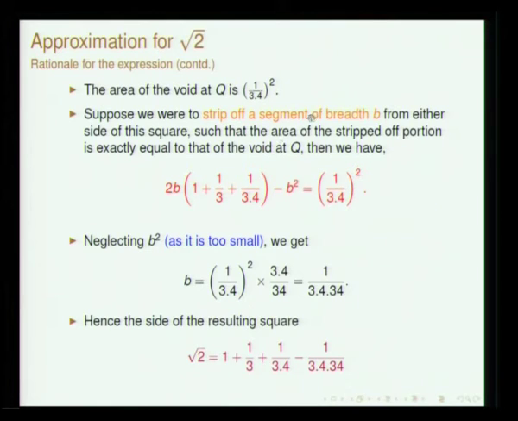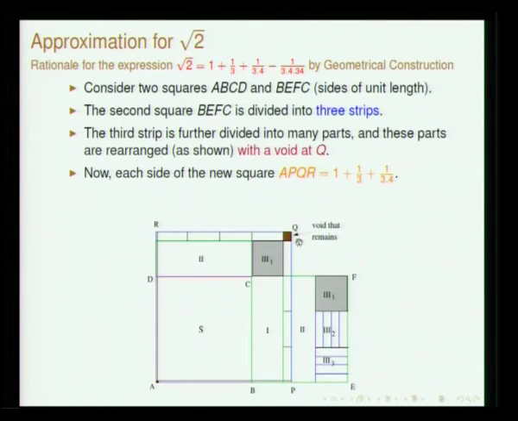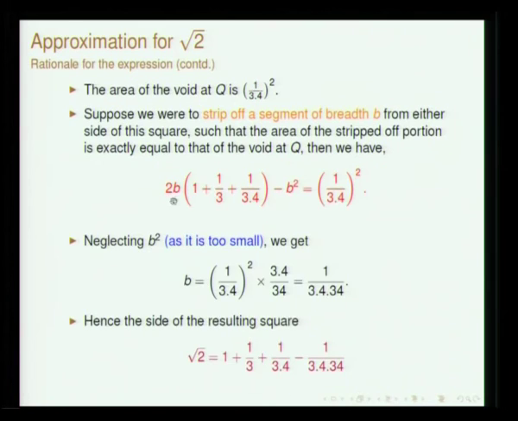Suppose a strip of width B is considered. Two strips, basically, one strip along this side and this is the strip which I have marked here. So 2B into 1 plus 1/3 plus this, minus B square, will be the left hand side, and if you equate and ignore B square, you can easily see that B is 1/3 into 4 into 34.